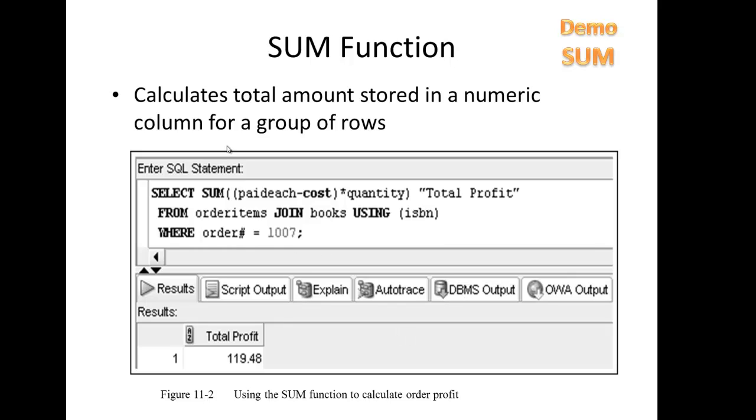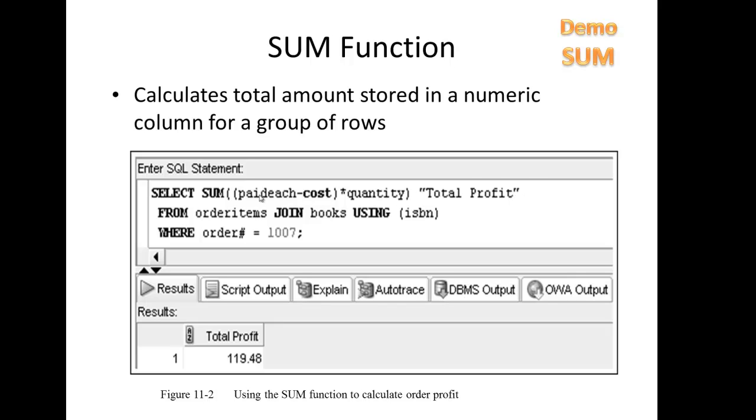Here's an example. It calculates the total amount stored in a numeric column for a group of rows. Select sum, a left paren, and a second left paren, paid each minus cost. Close that paren because you're doing paid each minus the cost. You're going to multiply this answer by the quantity. Another paren to close that off. You're going to call that, in double quotes, total profit.